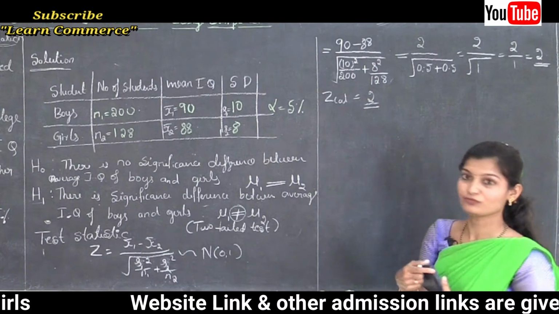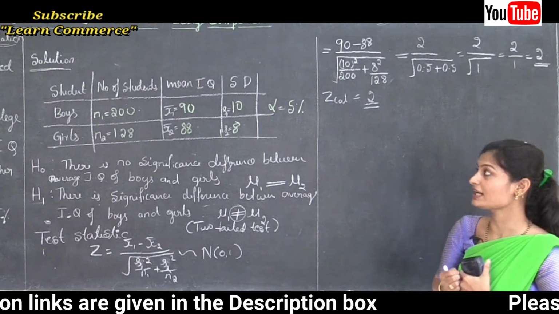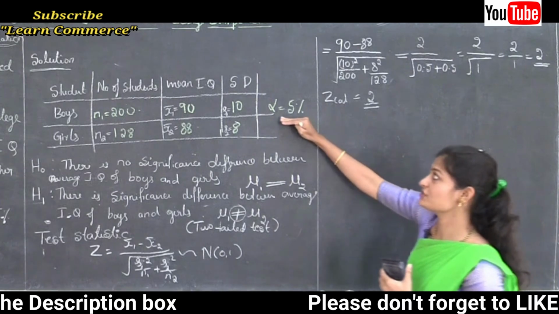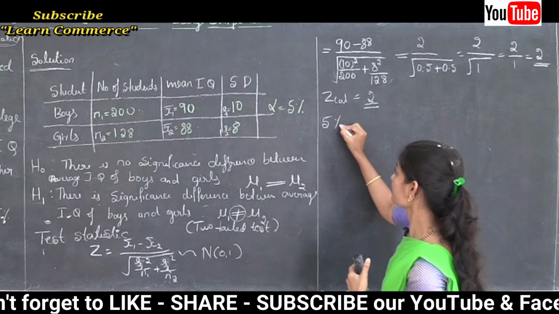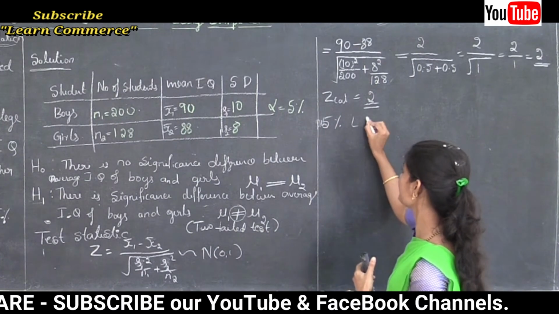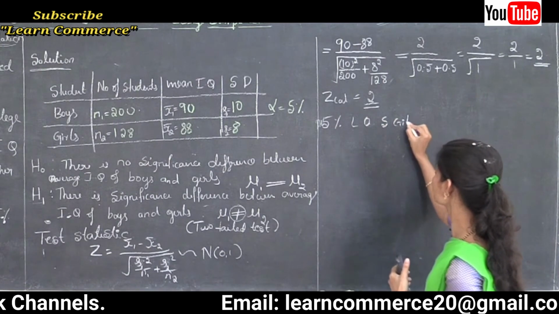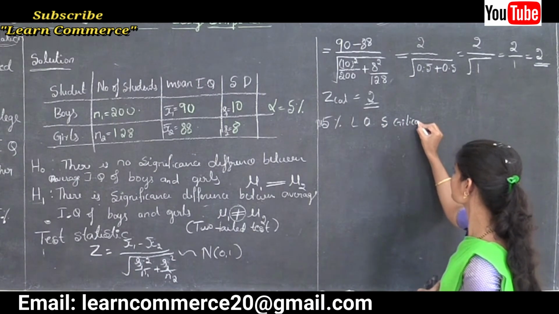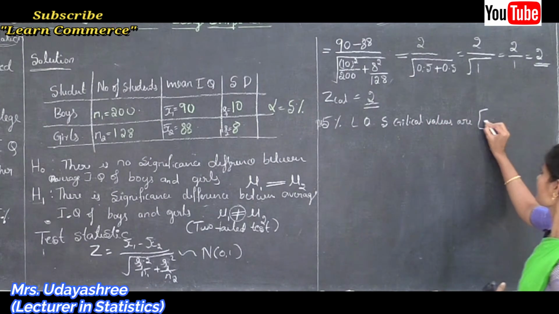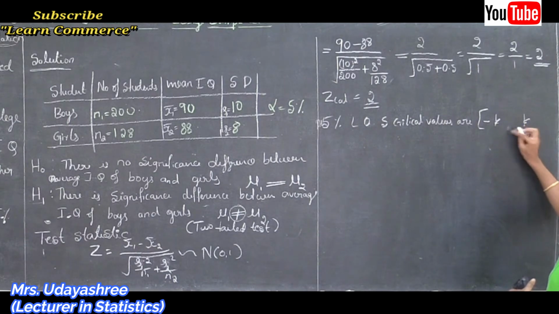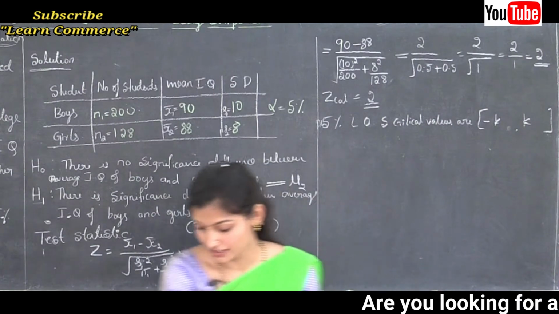Next, step 4, we need to find the critical value based on the level of significance. Here the level of significance is 5%. At 5% level of significance, the critical values are minus k and plus k.